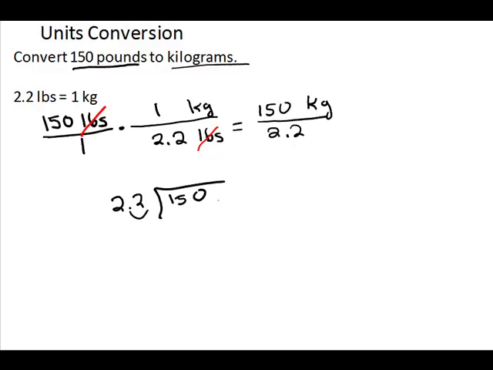Decimal out of the divisor. This one will have to go the same amount of spaces. And 22 will have to go into 150. That will go 6 times. 132. Subtract. And bring down. 22 into 160 will go 8 times.